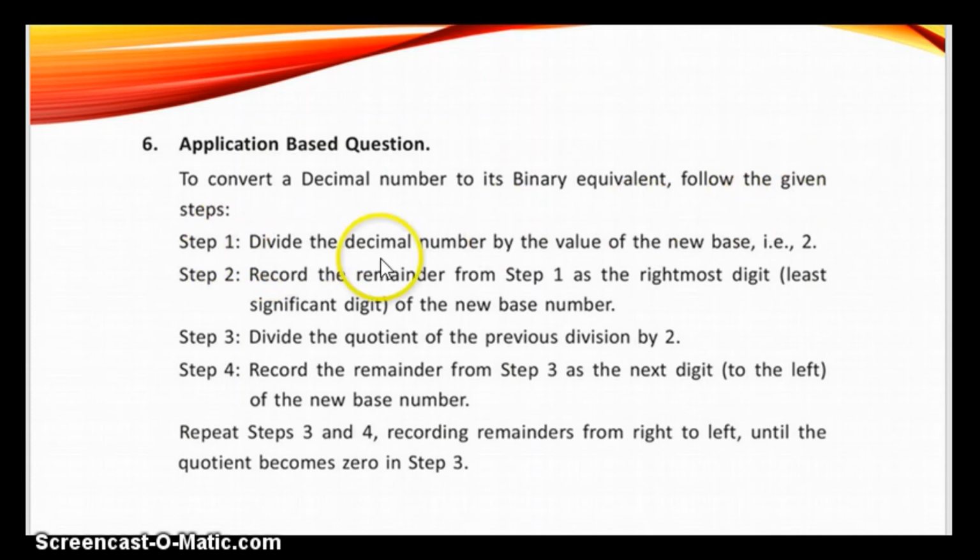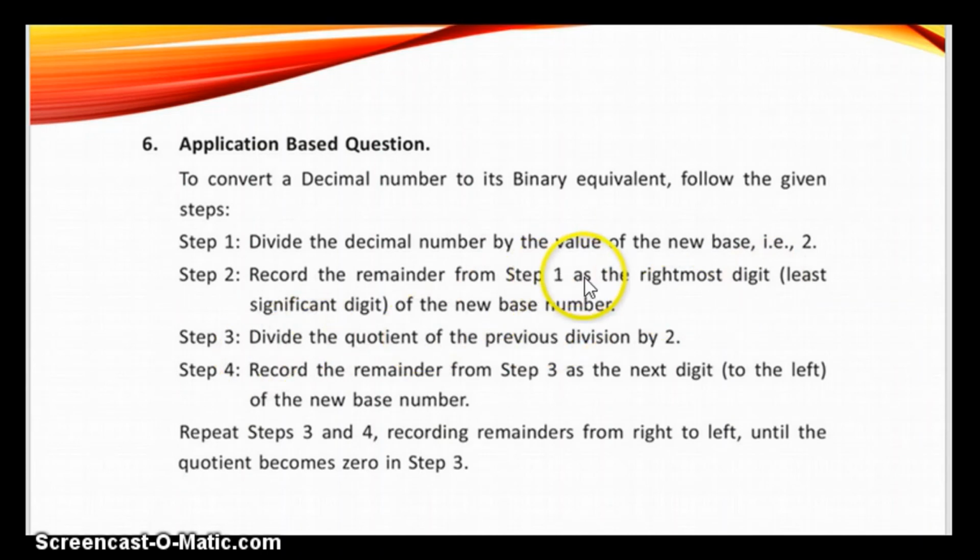First is divide the decimal number by the value of the new base. So if the base here is binary number, the base will be 2. Now the second step is record the remainder from step 1 as the rightmost digit of the new base number.